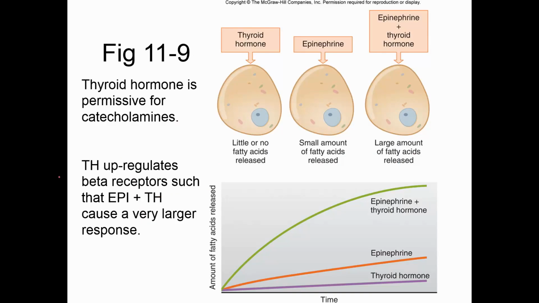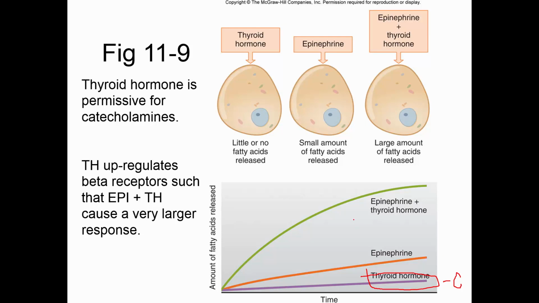Here's a diagram from Vander showing you permissiveness. So thyroid hormone all by itself doesn't do much in the way of lipolysis because we don't see a lot of fatty acids being released. This is not any different than the control. Epinephrine binds to beta receptors, causes some fat breakdown, so it clearly has an effect.